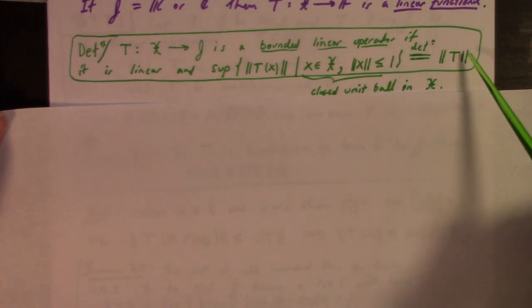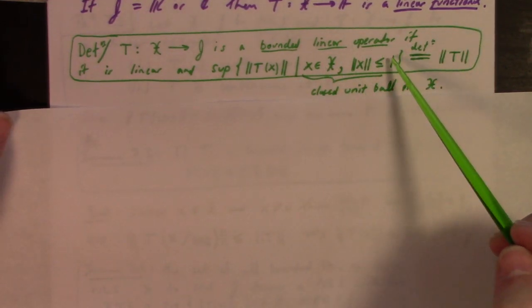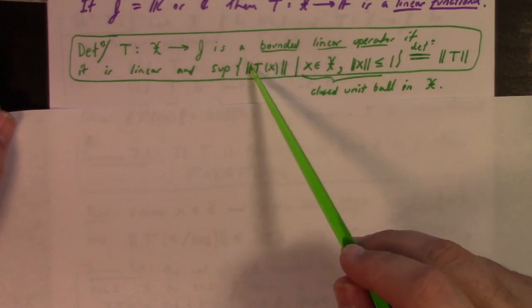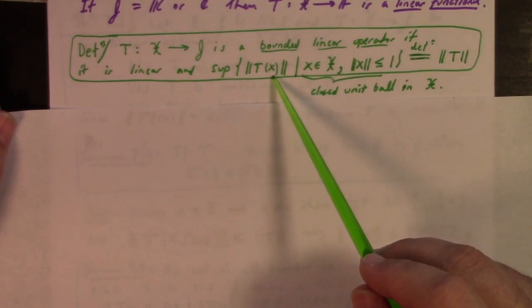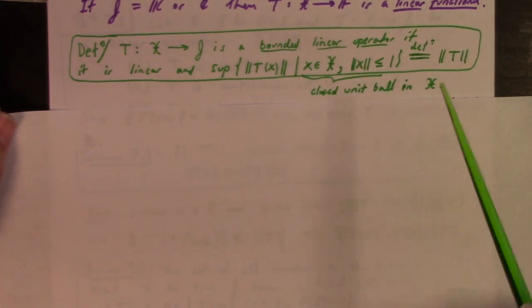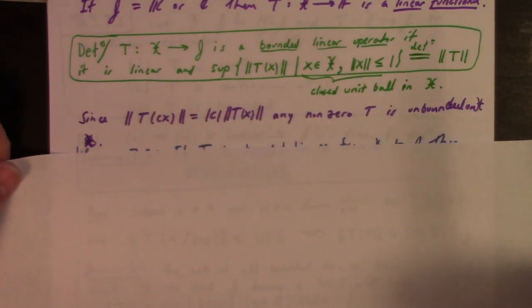Basically you feed all inputs of size less than or equal to 1 with respect to the norm into the operator, and then you look at the length of those, and the largest of that defines the length of the operator.